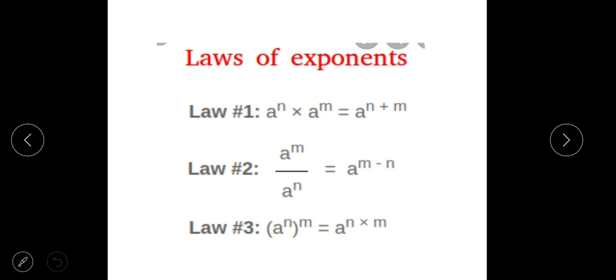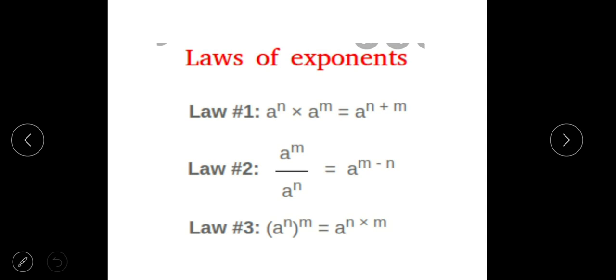Second law, a raised to m by a raised to n. Here we are dividing two powers with the same base and different exponents. So it can be done as a raised to m minus n. Subtraction of exponents can be done. Look at the third law. a raised to n, all raised to m. A power is taken m number of times to multiply.